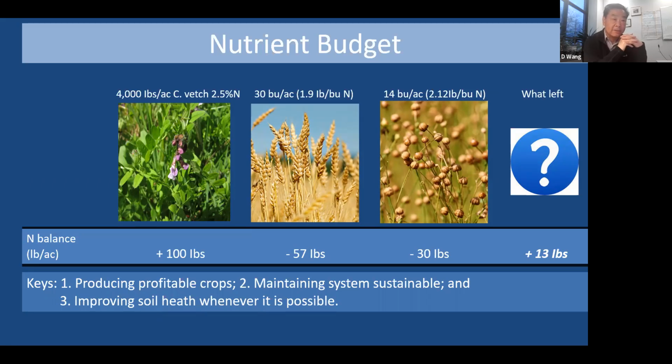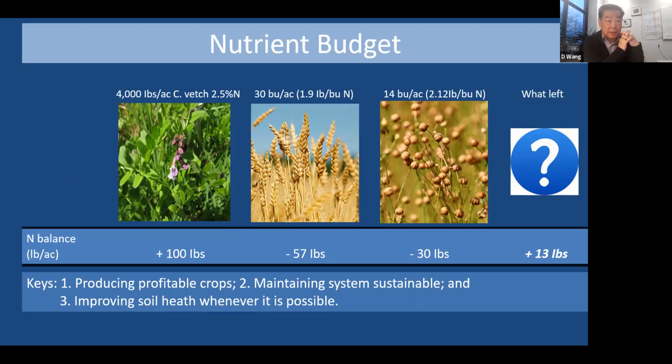Now it got 13 pounds left for your crop. What are you going to do with this 13 pounds of nitrogen? Apparently 13 pounds of nitrogen doesn't really support a good non-legume crop production.